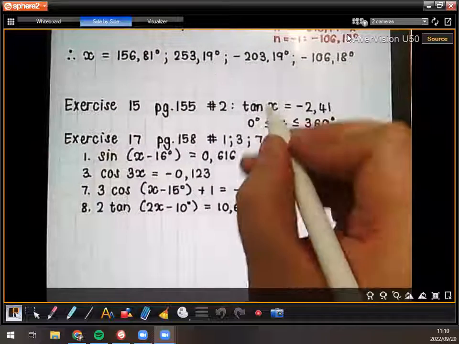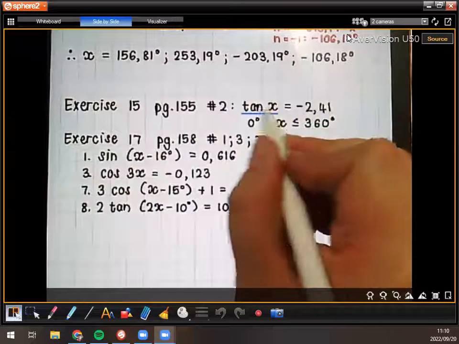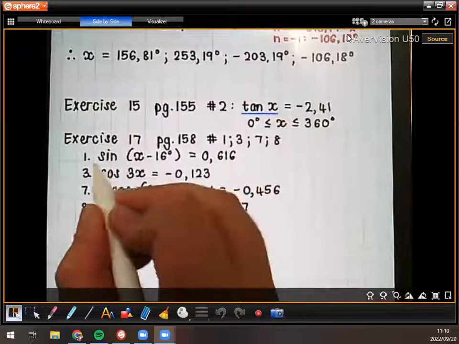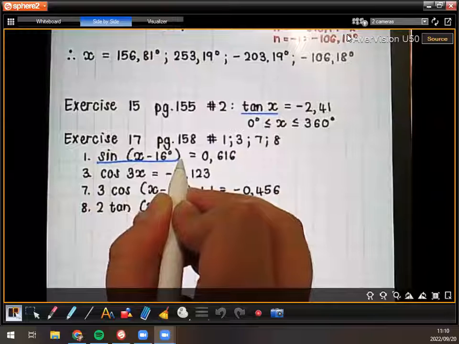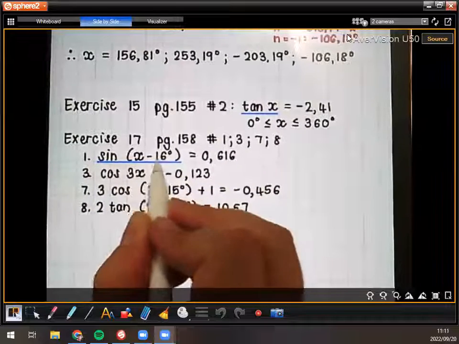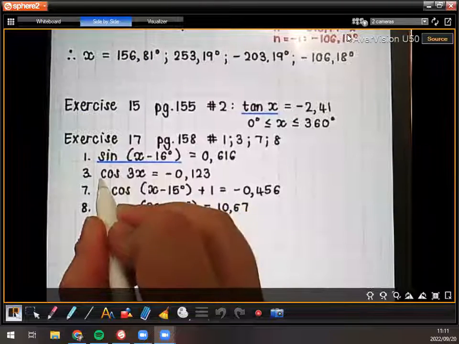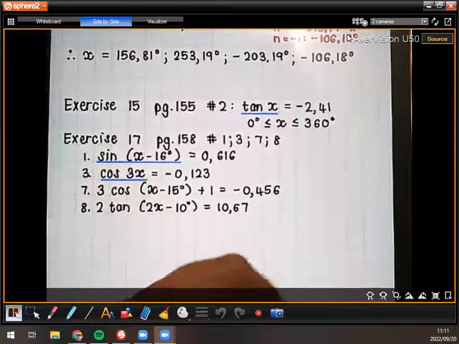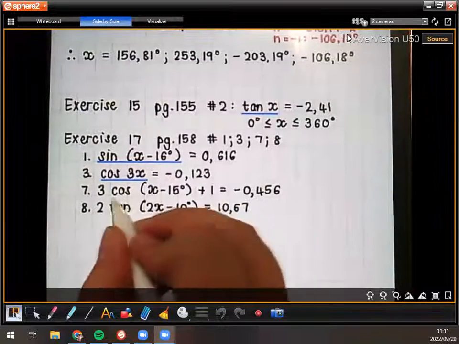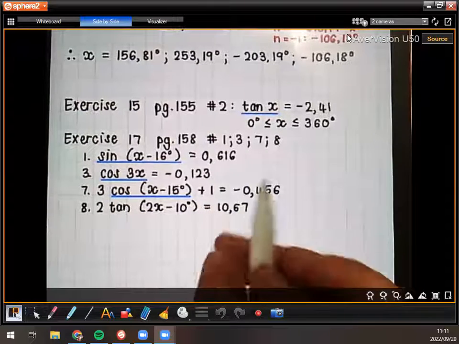Alright guys, in all of these, remember you need to have your trig ratio and an angle equal to a number. So in the first one, that was already done for you. You can just go straight into choosing your quadrant, getting your reference angle. In this one, it's also fine. It's already assigned as an angle equal to a number. And in number 3, the same thing. But in number 7, you're going to have to isolate the trig ratio and the angle first.